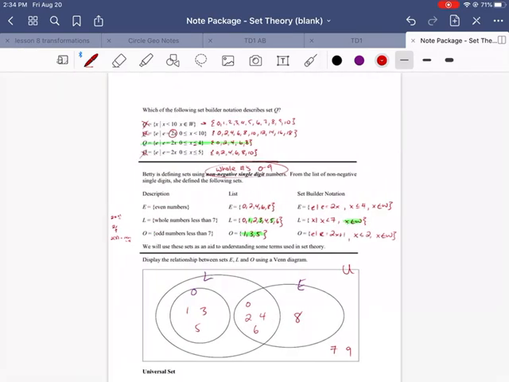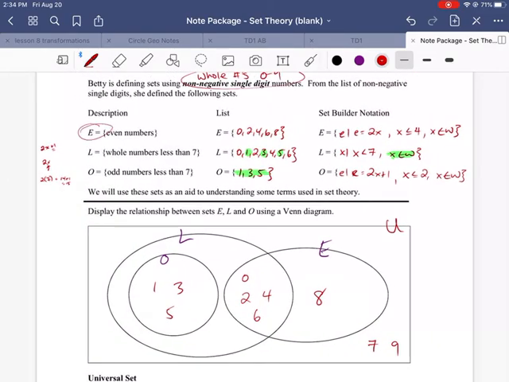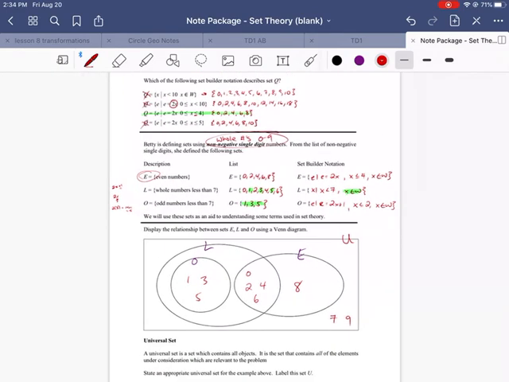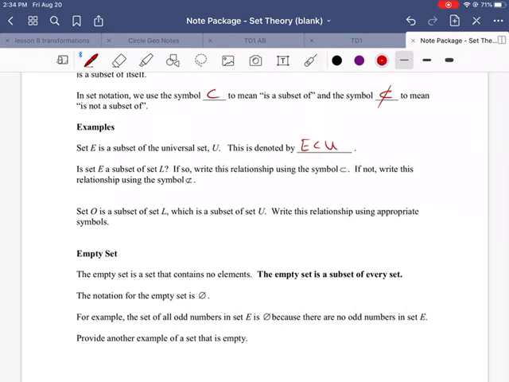That means if you look back, set E is contained within our overall set. 0, 2, 4, 6, and 8 are all part of 0, 1, 2, 3, 4, 5, 6, 7, 8, 9. Is E a subset of L? No, it's not.